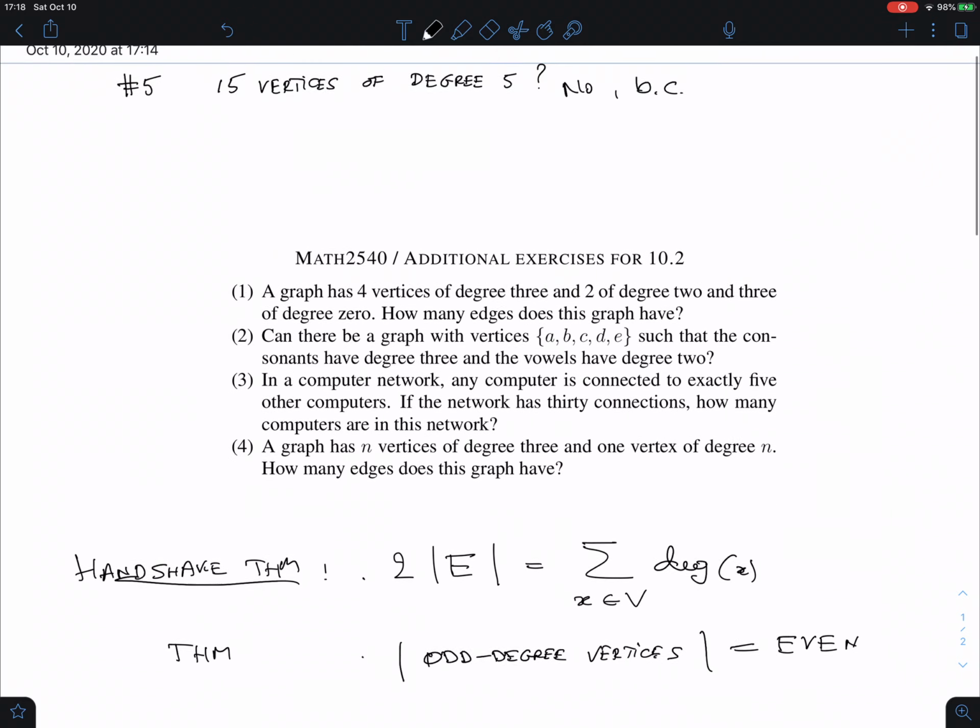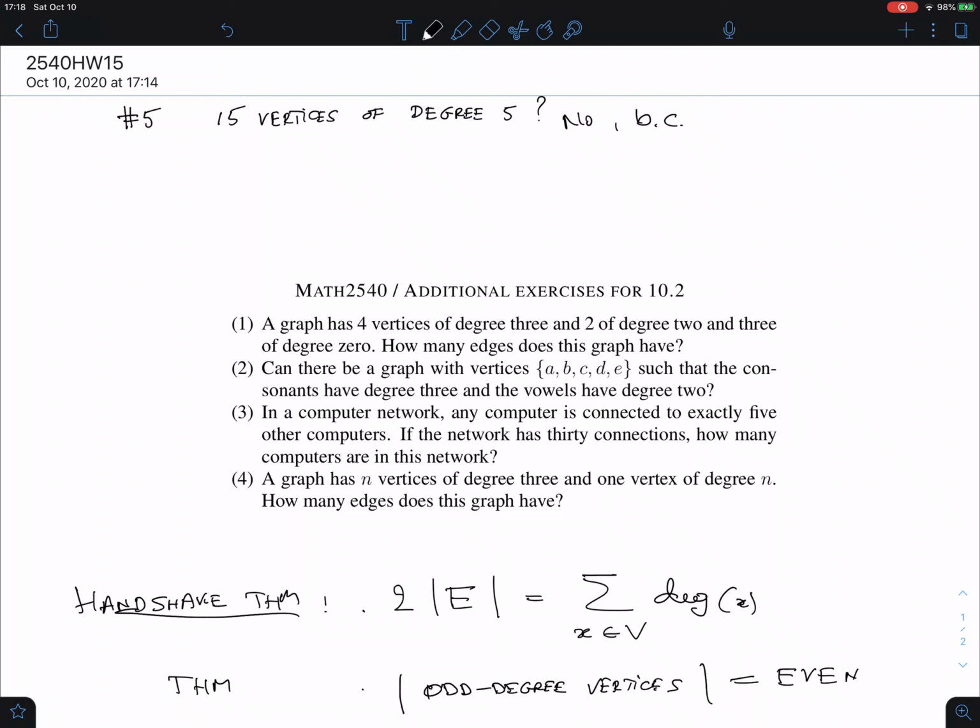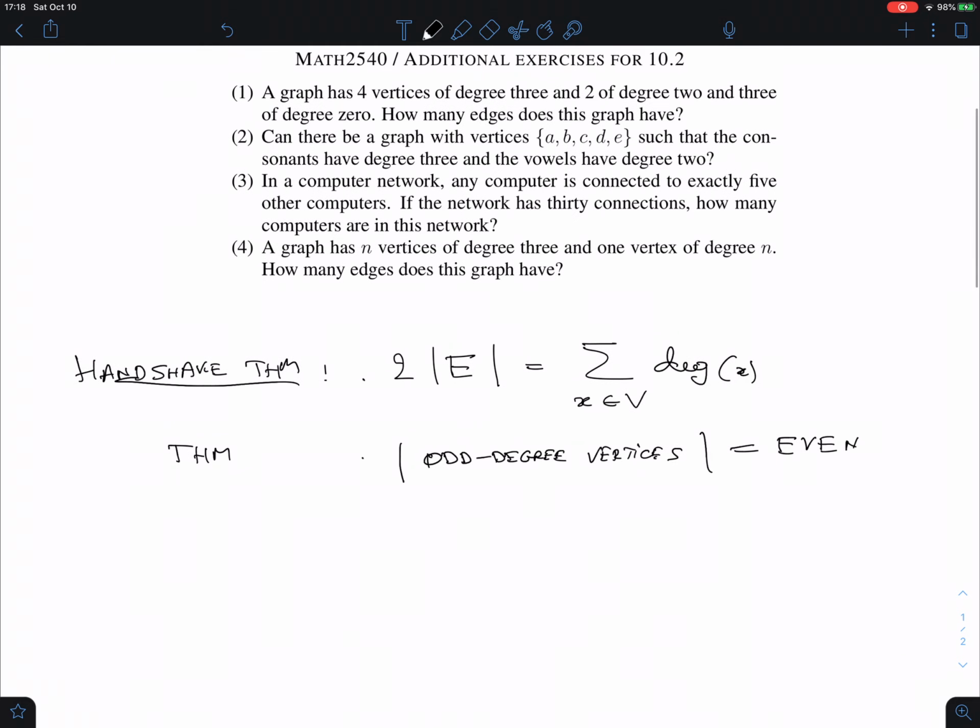As we have seen already, I cannot just stipulate any kind of configuration. For instance, the configuration of 15 vertices of degree 5 does not exist. So you could question, does there exist a graph with 4 vertices of degree 3, 2 of degree 2 and 3 of degree 0? And the answer is yes, it does exist. It's not obvious that it exists, so I would have to show you that it exists if I want to.